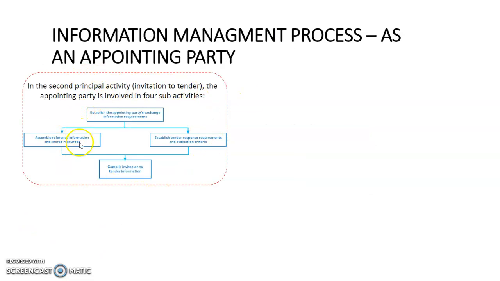He will need to establish the appointing party's exchange information requirements, assemble reference information and shared resources, establish the tender response requirements and evaluation criteria, and also compile invitation to tender information.